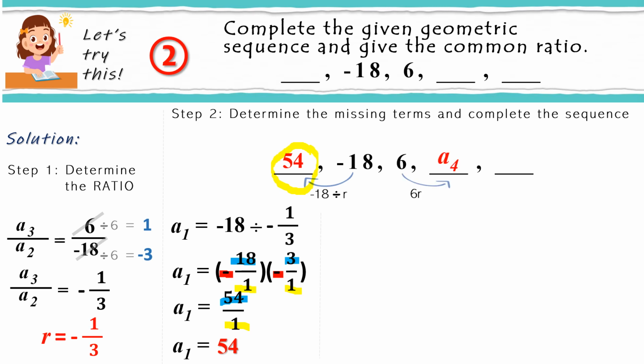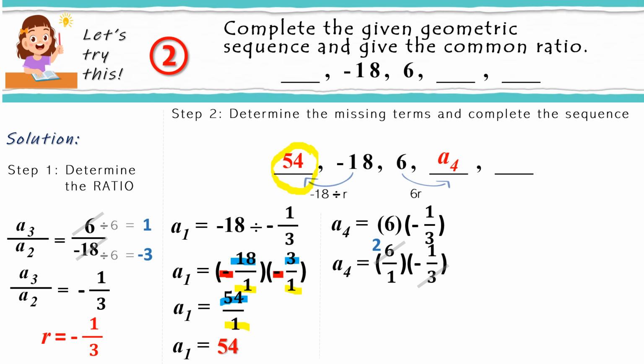Next, we will proceed to our a sub 4. So, ang gagawin natin sa a sub 4, gaya ng ating rule, ay to multiply a sub 3 times the ratio. So, we have a sub 4 is equal to 6 times negative 1/3. So, para gawin yan, we will have 6 over 1 times negative 1/3. So, numerator times numerator, denominator times denominator. So, we have a common factor between 6 and 3. So, i-cancel out na natin yan para less ang ating steps.